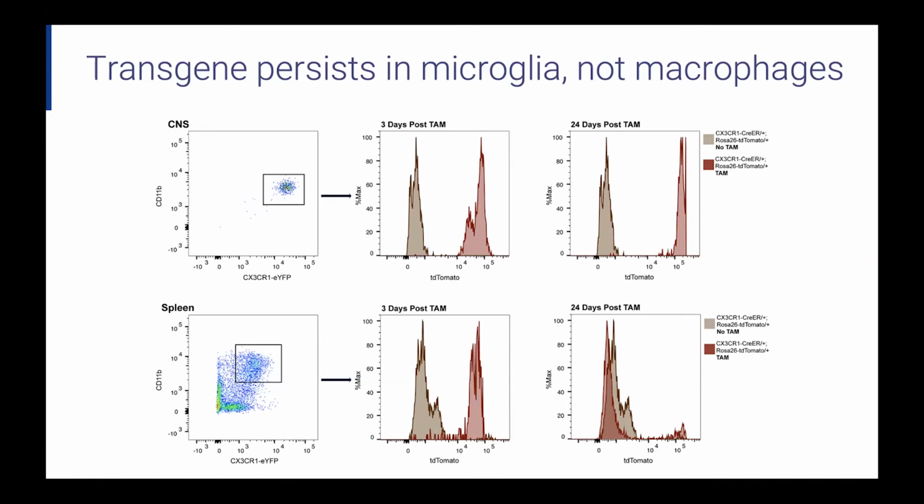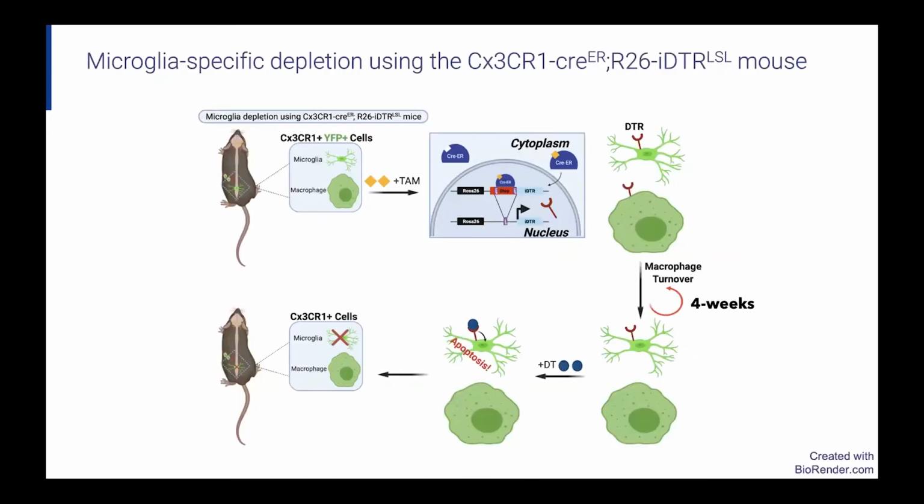So we were pretty confident that using these CX3CR1 CRE mice, we could differentiate the effects of microglia from those of macrophages. So we took further advantage of that by generating these mice, again, with the same CX3CR1 driver, but this time using a diphtheria toxin receptor that would be expressed under the CRE gene.